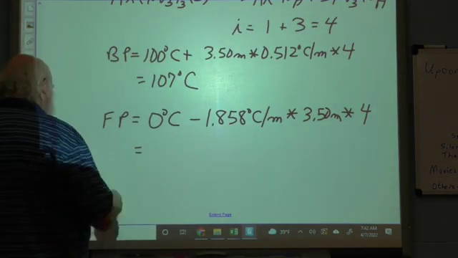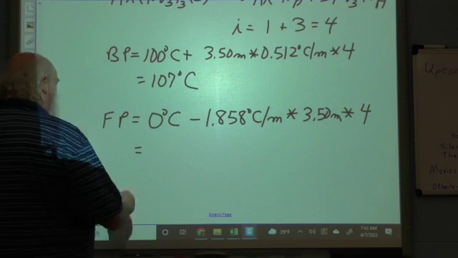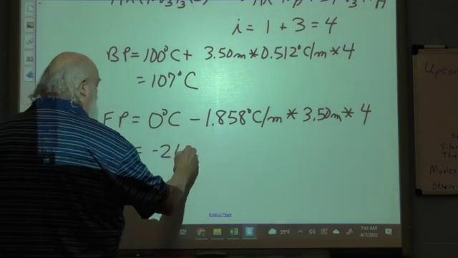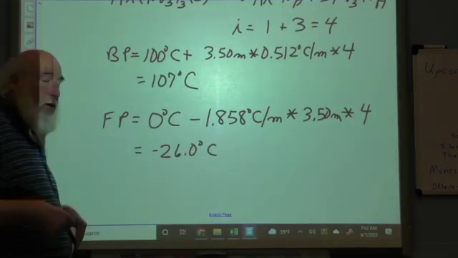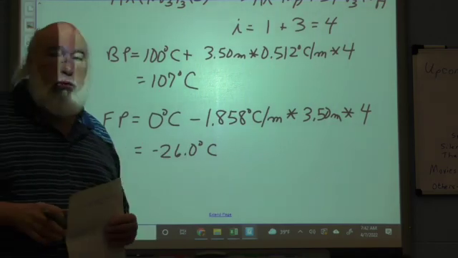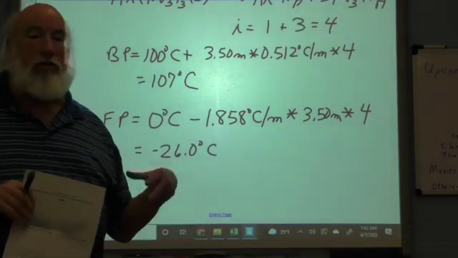And multiply this out, round to 3 significant figures, you get negative 26.0 degrees Celsius. And that's how you determine the new freezing point and boiling point of the solution.